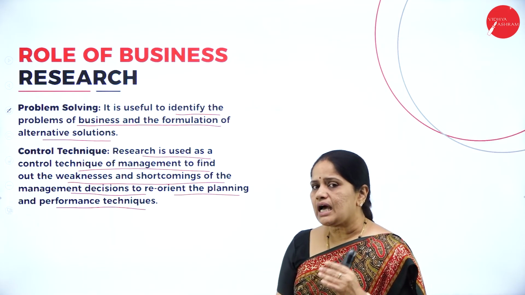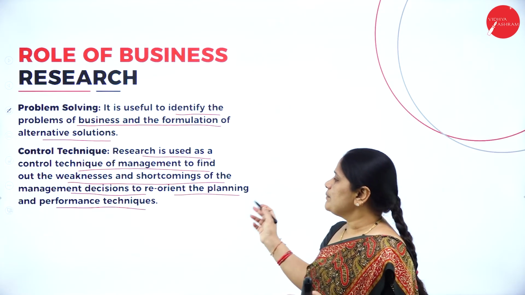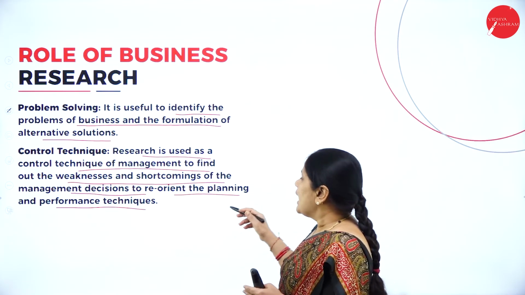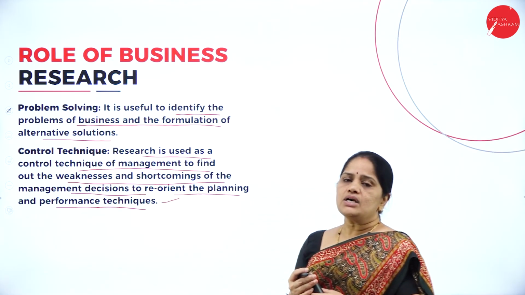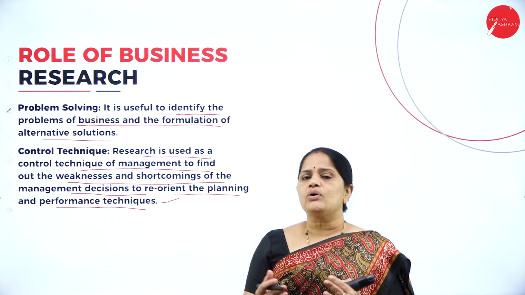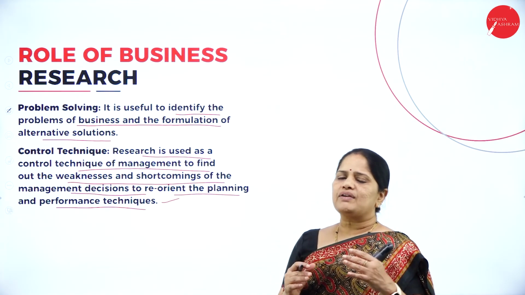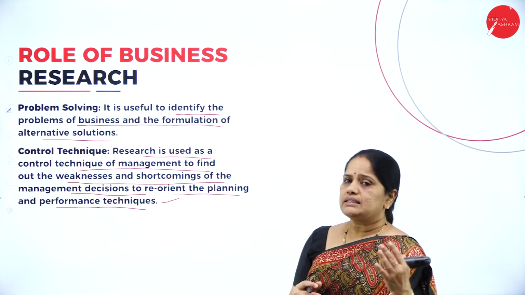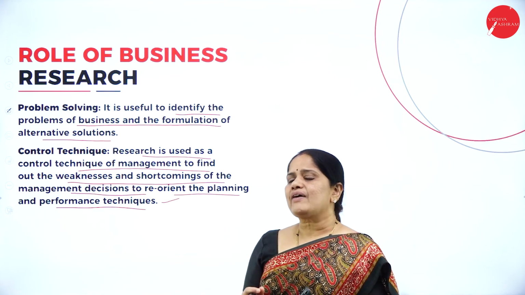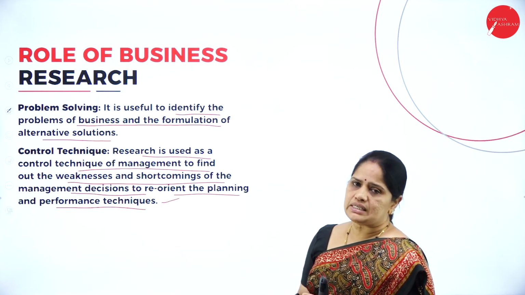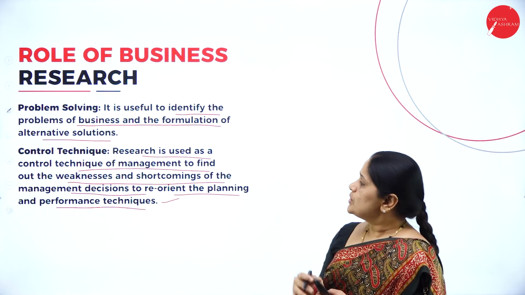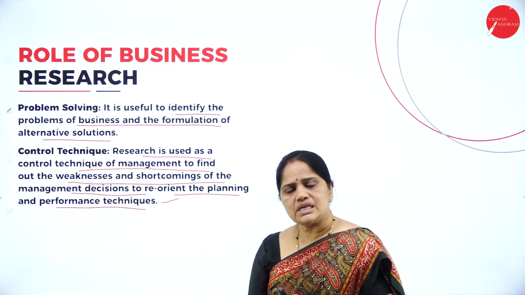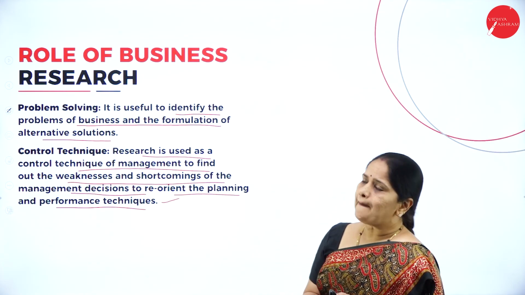So, it will assess the weaknesses and shortcomings of the management decisions and reorient the planning and performance techniques. If the decision previously taken is not correct, then what is the next step we have to do? Make a correction of the decision and then do the planning again. So, in this way, it can be used as a control technique by the management.